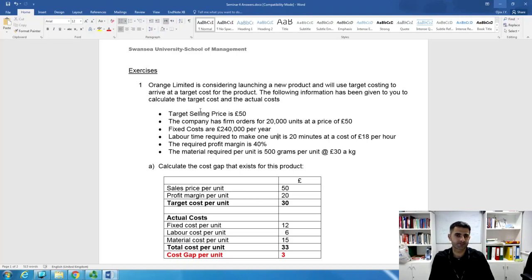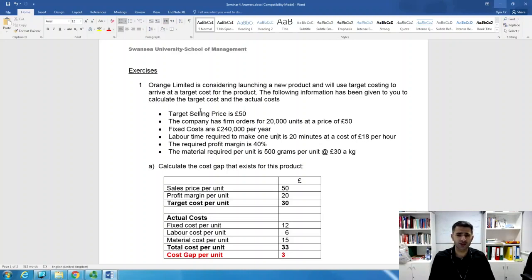The required profit margin, the required return, is 40% of the selling price, and the material required per unit is 500 grams at £30 per kilo. So each kilo is £30.